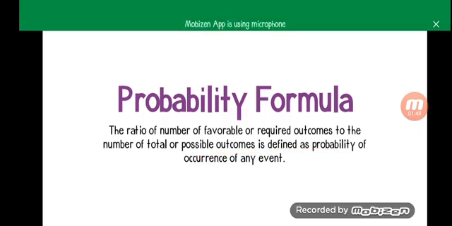And the formula for probability is given by the number of favorable or required outcomes to the total or possible outcomes, right? So required is what you're always asked to find. Total is always given in whatever question you are asked to do. Today we'll just be laying emphasis, building a foundation, right?